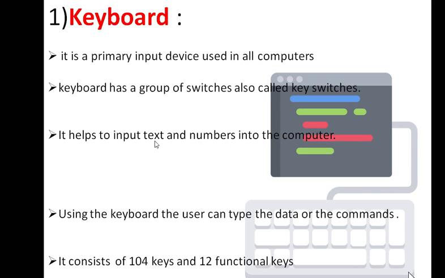It helps to input text and numbers into the computer. Using the keyboard, the user can type data or commands, and it consists of 104 keys and 12 function keys.